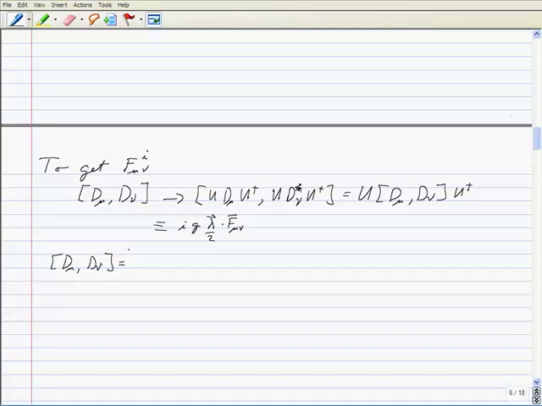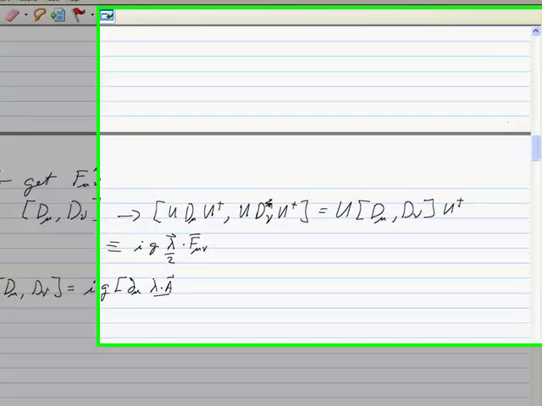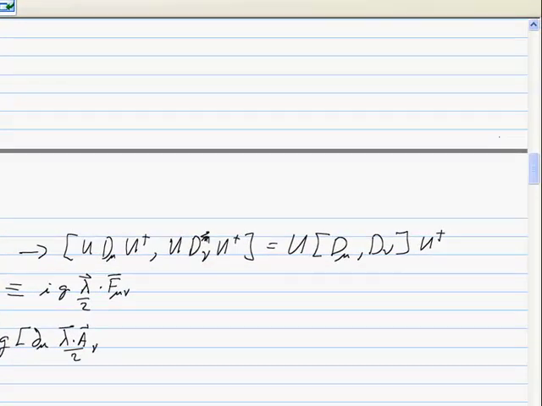Well, the derivative pieces themselves commute, so the first thing that we get is ig times ∂μ λ·Aν/2 minus ∂ν λ·Aμ/2.